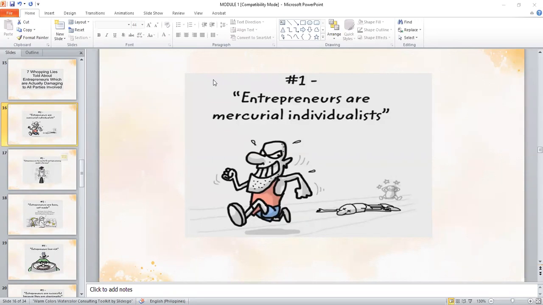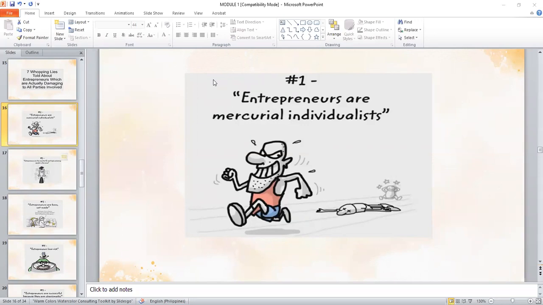When you speak of mercurial, I'm going to give you an analogy. When you speak of a mercurial task, it's just like David and Goliath. David has a mercurial task of slaying Goliath. If you look at it, it's really impossible for David to slay Goliath with just a slingshot, knowing the size of Goliath. That's mercurial.